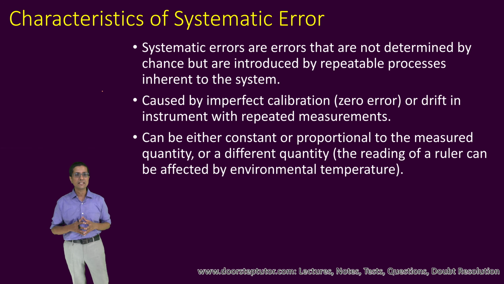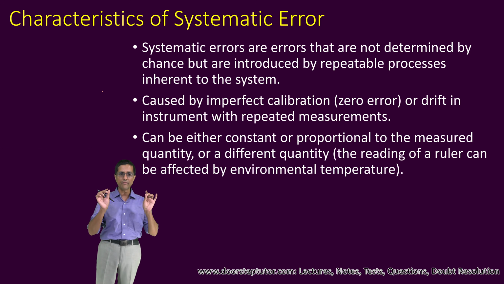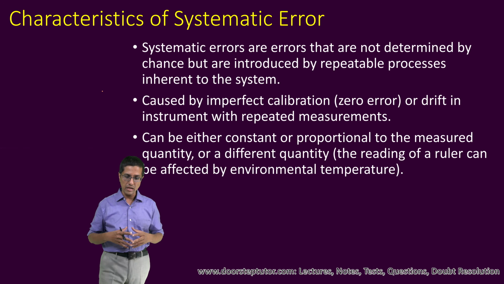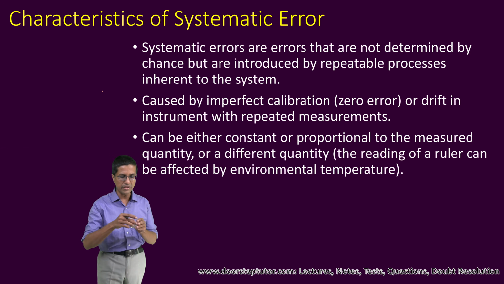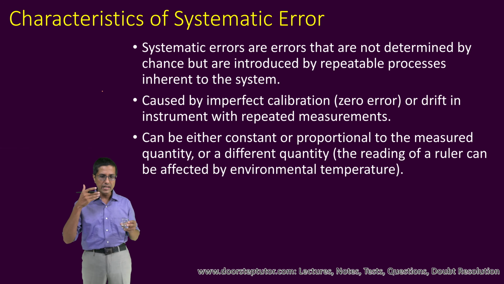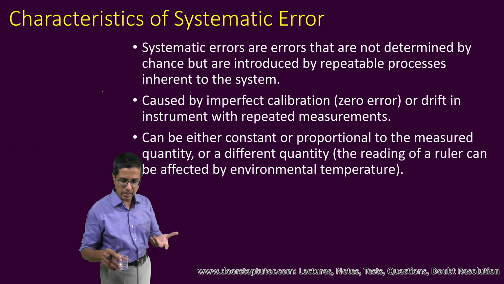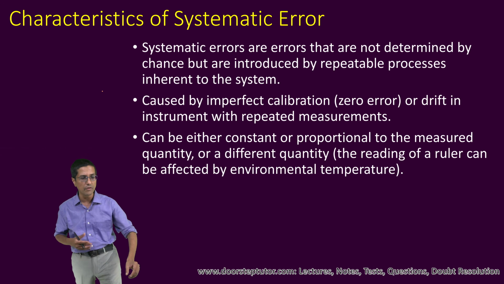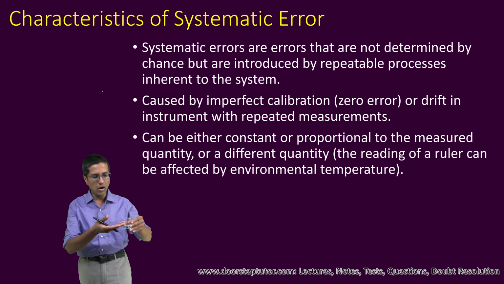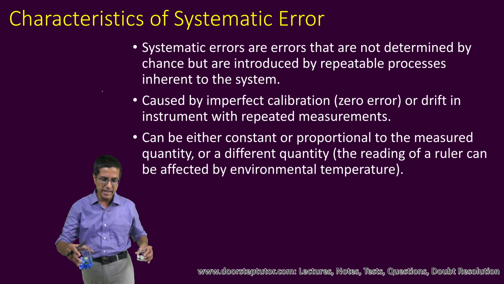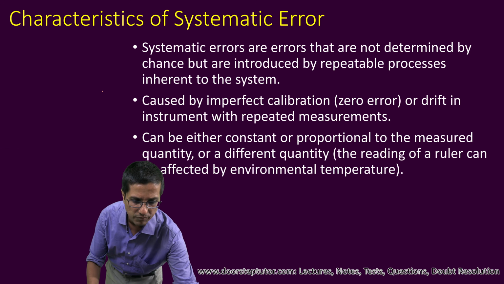Systematic errors cannot be eliminated just by increasing the accuracy of our instruments. If, instead of using this particular measuring jar, I use a measuring jar which has many more gradations, very accurate, but I continue to lose water, if I am not able to take into account all the water when I pour it in, and some of the water is always remaining in this glass, then my systematic error would always be there.